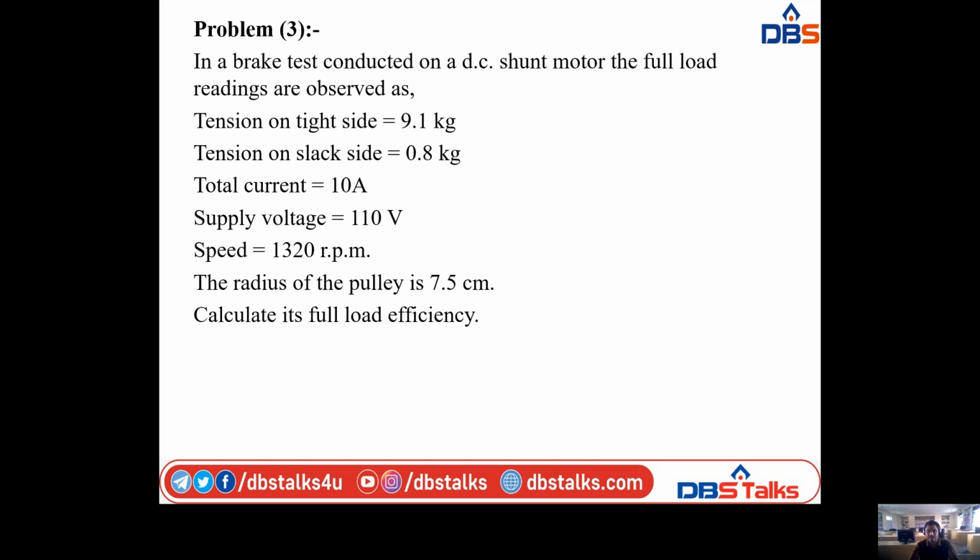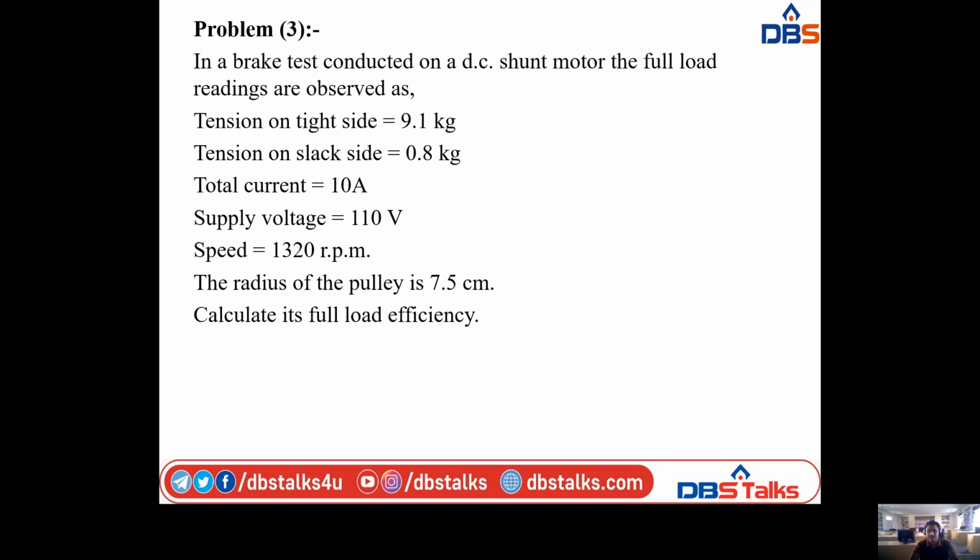And next coming to the output of motor, if you want to calculate the output of motor, we have the formula, that is input power minus total losses. So here the input power is 6250 watts minus total losses, just now we calculated, that is 1208.02 watts, and finally we have the output of motor, that is 5041.98 watts. And finally we have to calculate the efficiency of the motor, that is eta m.